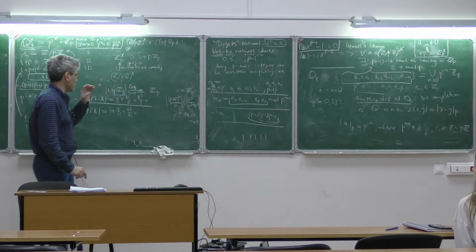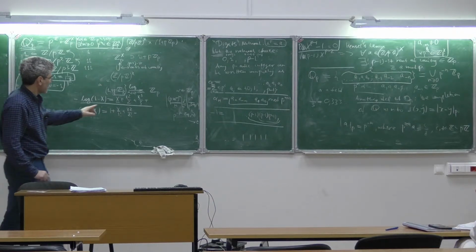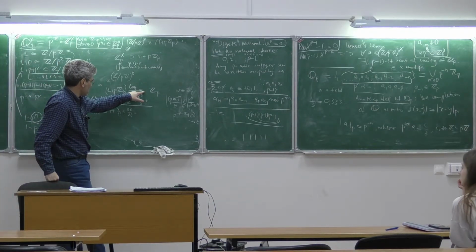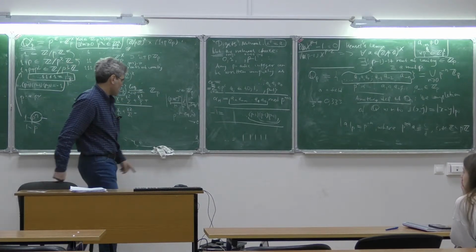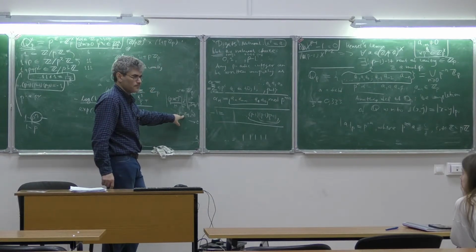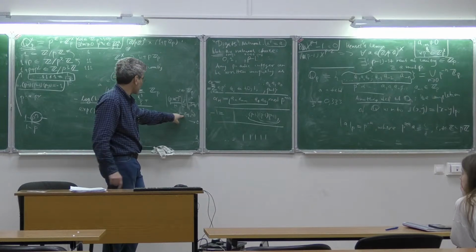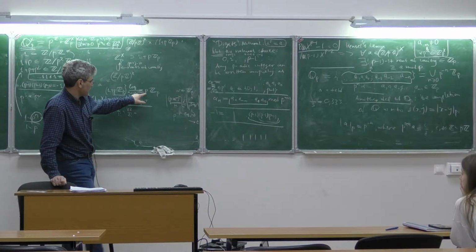Okay, so this converges. But actually what we want is that this is a map not just to Zp, but, if you look at this degree, you will see that it is strictly positive. So it will be a map to p times Zp.